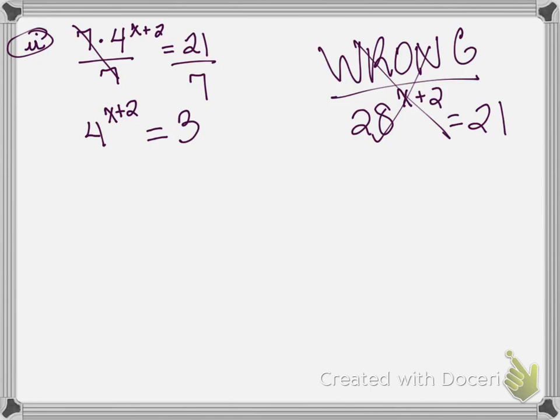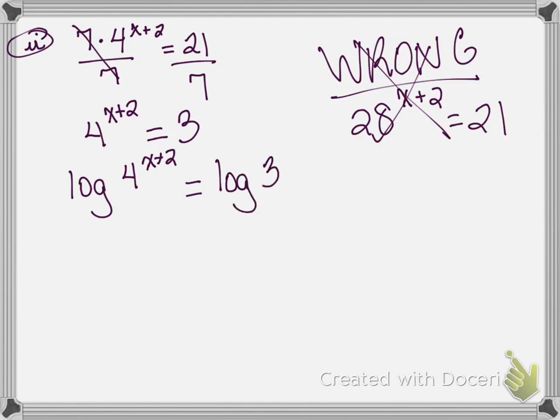Now, there is no way that I can rewrite that. 4 to the x plus 2 equals 3. 4 cannot be rewritten as 3 to some power, and 3 cannot be rewritten as 4 to some power. So I have to take the log of both sides. So I'm going to say log of 4 to the x plus 2 equals log of 3.